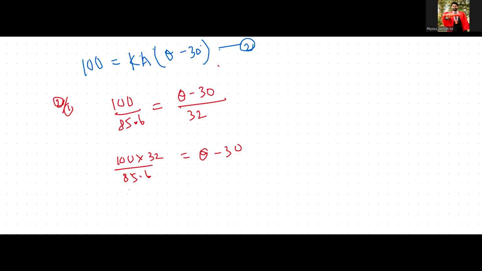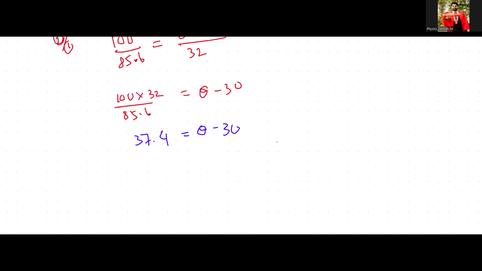This is roughly 37.4. This is theta minus 30. Then minus 30, take it to the other side, so it becomes plus 30.